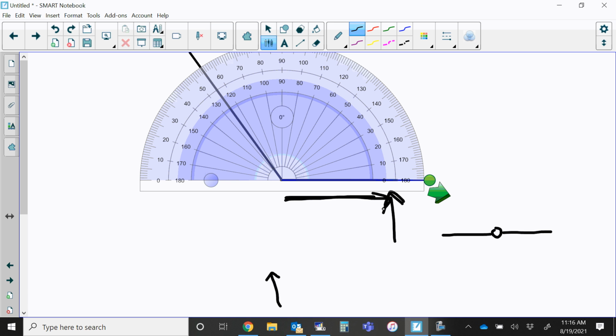That tells me I'm using the bottom numbers to measure this angle. Do you follow? So what is the measure of this angle? 120, and then 1, 2, 3, 4, right around 125 degrees.